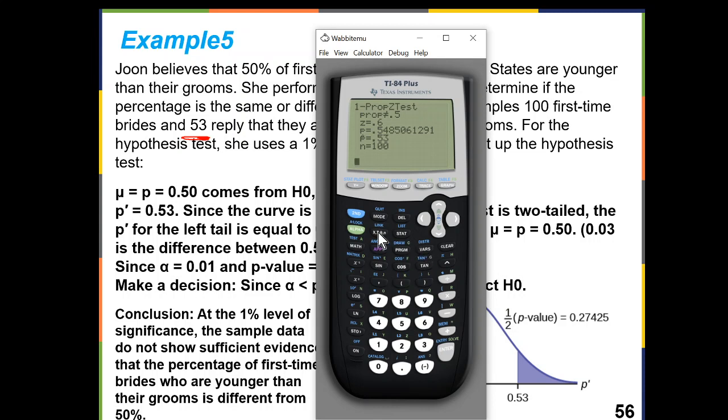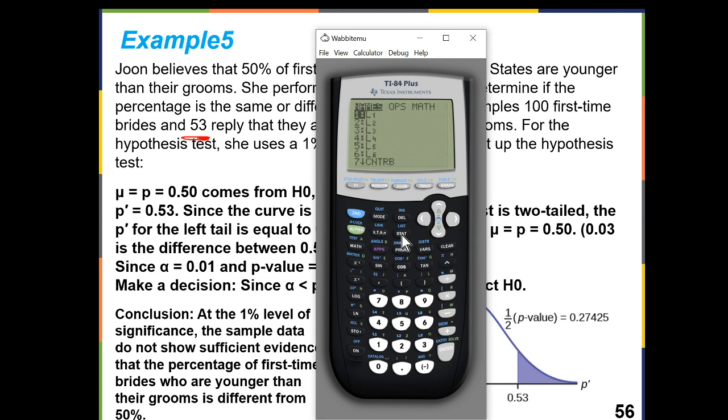Now we could also do the same thing. This time instead of picking calculate, we can draw it. And you see it's going to draw that for you. Make sure you have nothing under y equals. When you go to y equals, there shouldn't be anything there. Otherwise, you have to do it again.